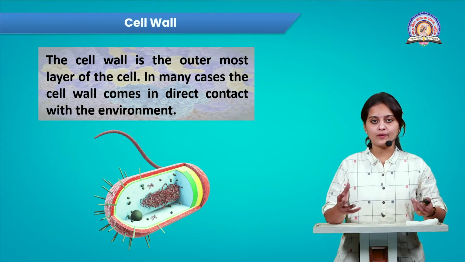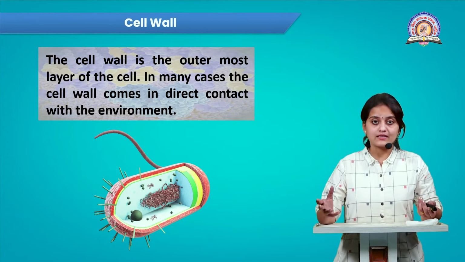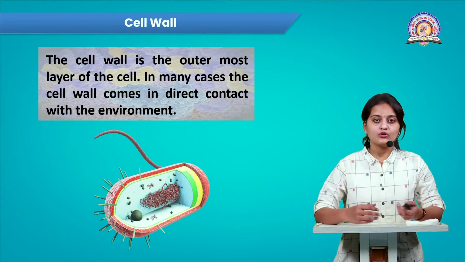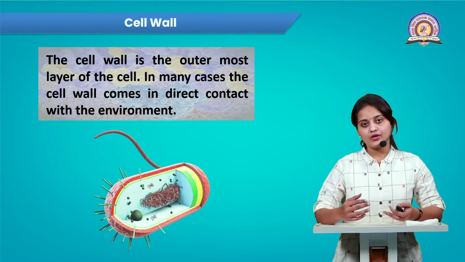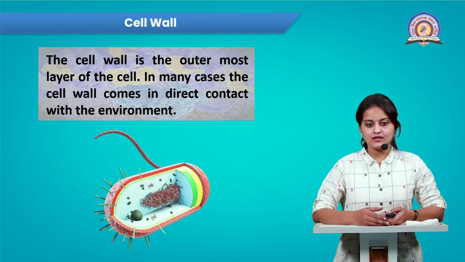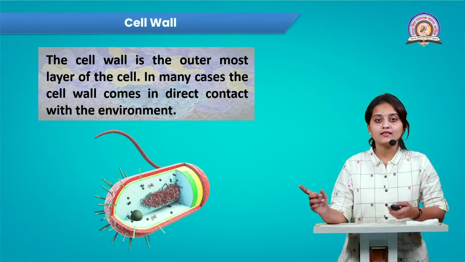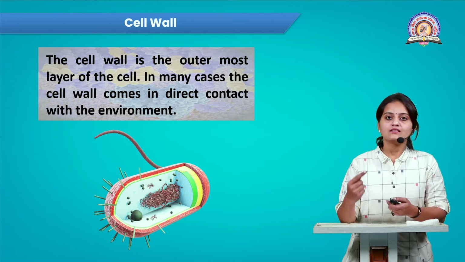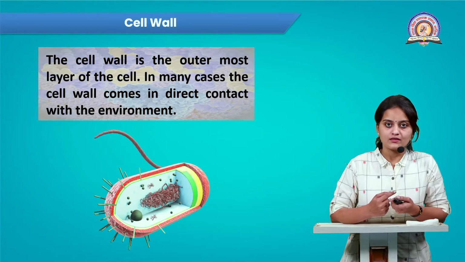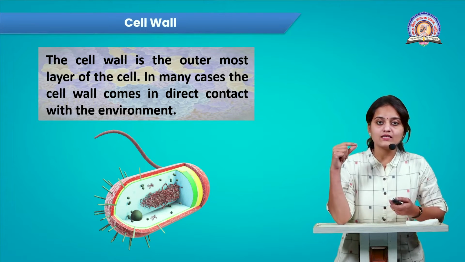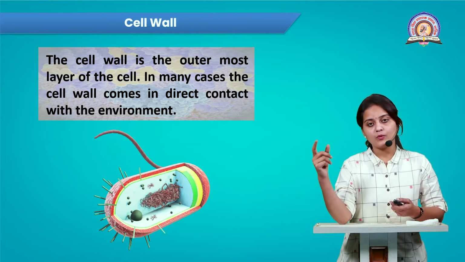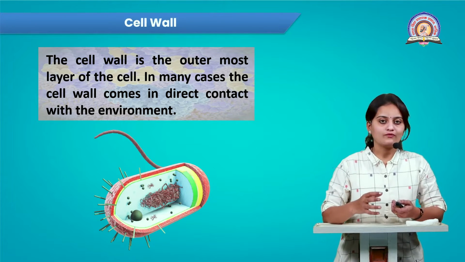So whatever the bacteria feels about the external sources is because of the cell wall. The cell wall acts as a protectant for the bacterial cell. In this diagram, you can see the red region is the cell wall, and how thick that cell wall is. The thickness of the cell wall is directly proportional to the rigidity of the cell.